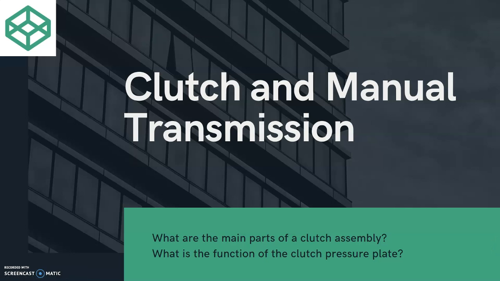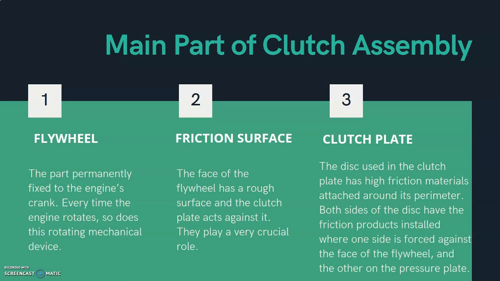Okay, next is: what are the main parts of the clutch assembly and what is the function of the clutch pressure plate? The main part of the clutch assembly, first, is the flywheel, the part that is permanently fixed to the engine crank. Every time the engine rotates, so does this rotating mechanical device.